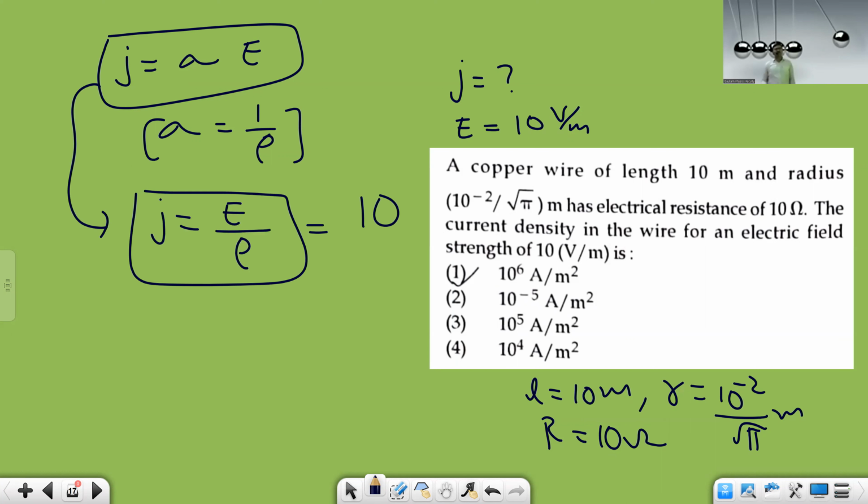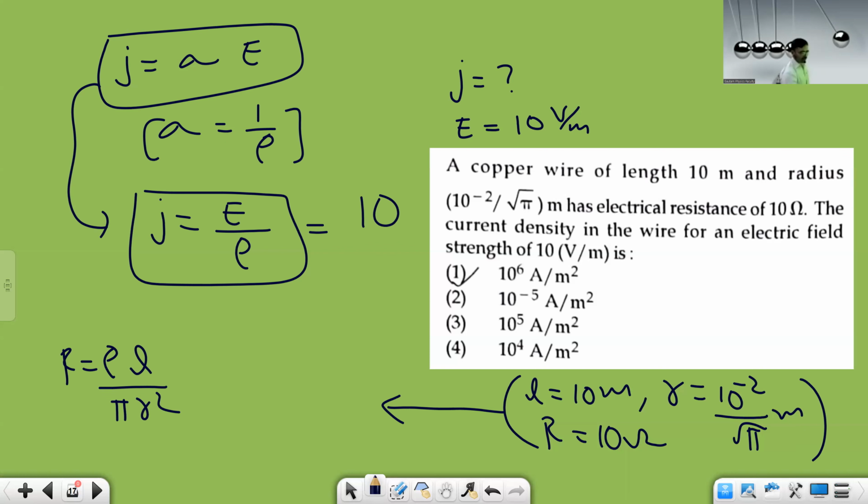But where is resistivity, sir? There is no resistivity, sir. Yes, I can't say there is none. Here I have R, L, and small r. From this, can't I bring it? Yes, no doubt. R is equal to rho L by A. Area is nothing but pi r square. I hope you know that the cross-sectional area I can write as pi r square.